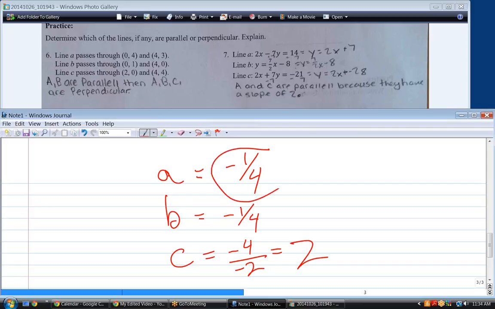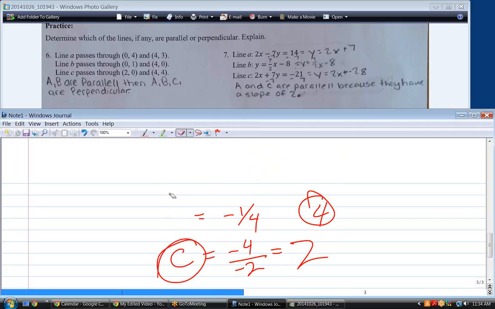What's the negative reciprocal of that? 4. Okay, that's not 2. So C is neither. So just A and B are parallel. That's the answer. But we couldn't determine it until we figured out slopes.